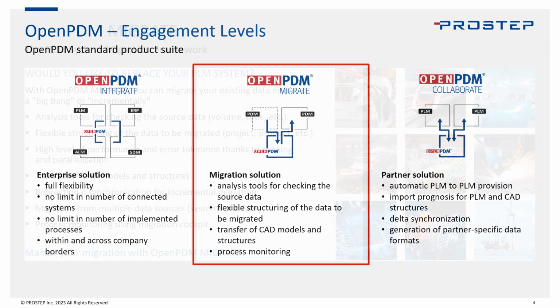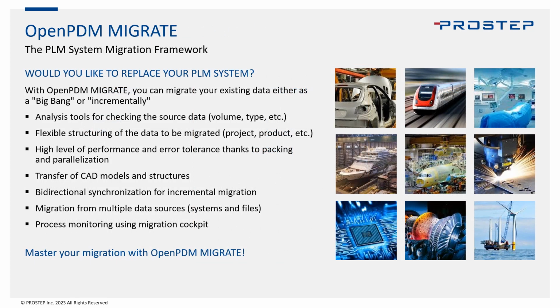So with OpenPDM Migrate, you can execute either that one-time big bang style migration that's moving all the data over from the old system to the new system, maybe over a week or over a weekend. So that's kind of a one-time transaction. Or you could do it incrementally.